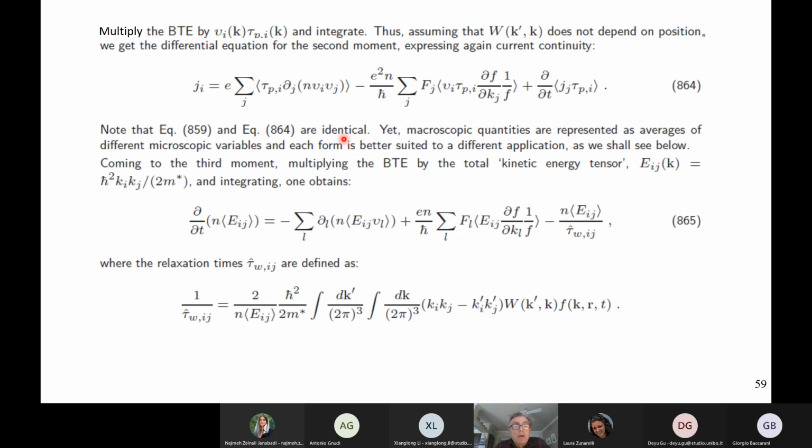I can go on, for example, to the next moment, the third moment, which is multiplying by essentially the energy tensor. So I have 9 components here, only 6 independent, the diagonal and the 3 off-diagonal, because it's symmetric.